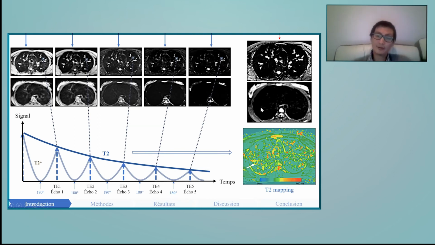So I think that we can take advantage of this artifact, because there is a huge amount of susceptibility artifact in the normal lung. But I think that it is very interesting to take advantage of it, to negate the signal intensity of the normal vessels and the normal airways that are not visible. And all that we get is the signal intensity of abnormal tissue, and we can negate the normal structures thanks to the susceptibility artifact.